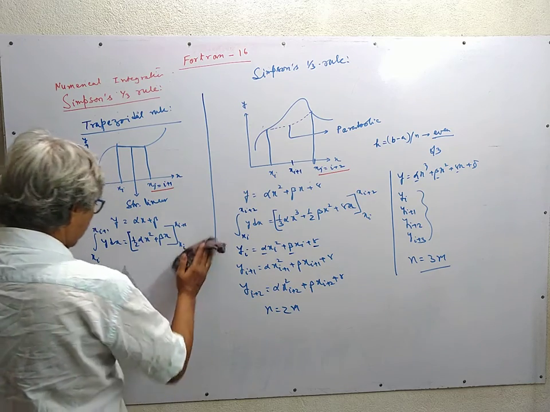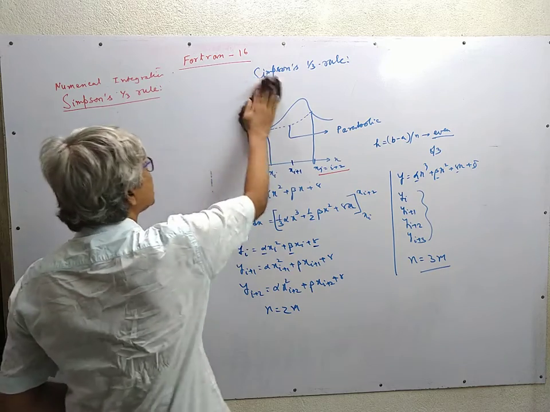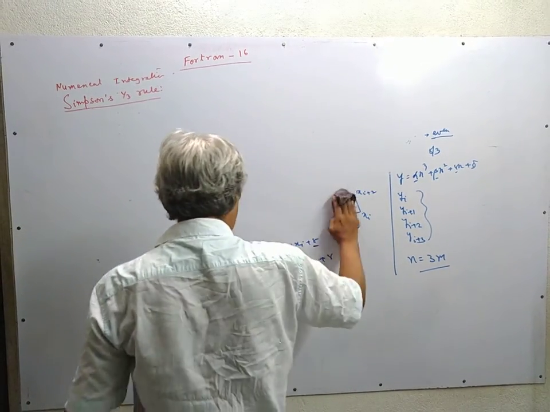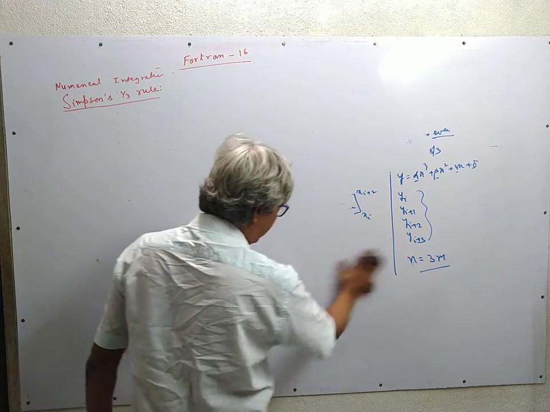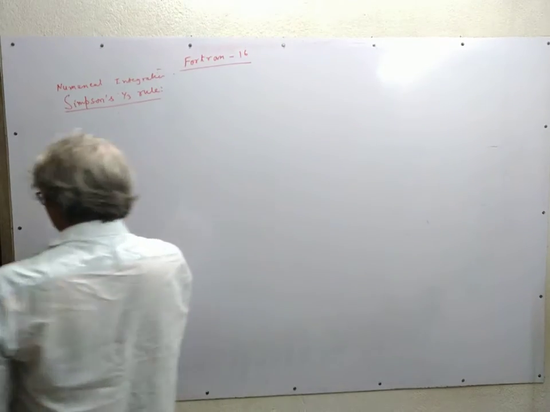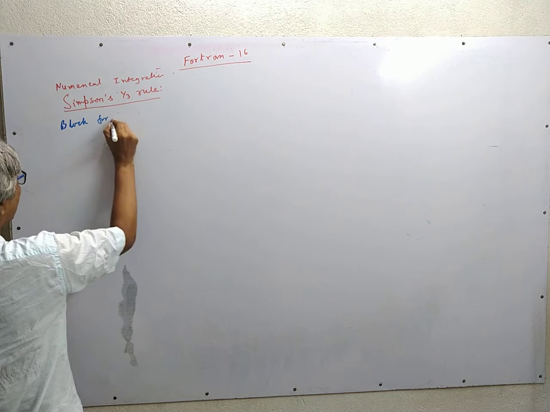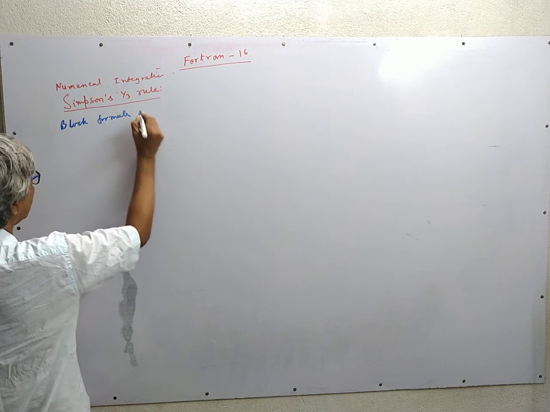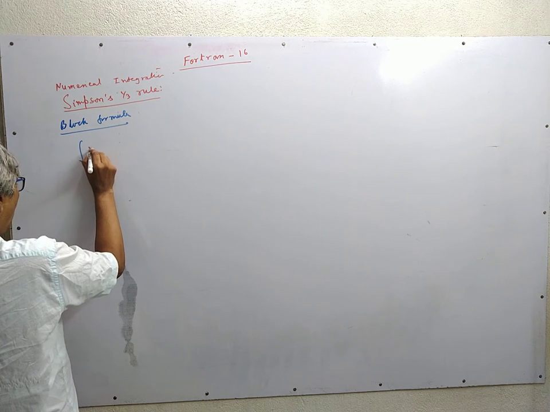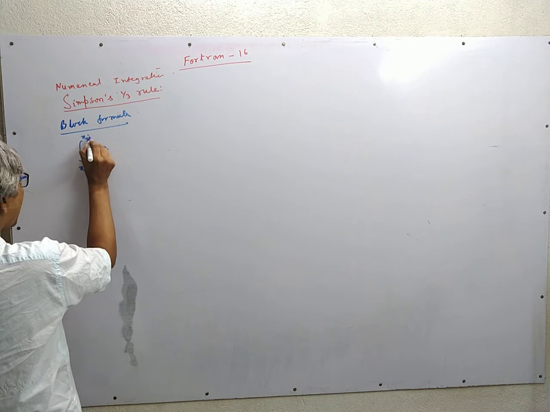Now I want to find out the block formula for Simpson 1/3 rule. First I shall find the block formula, and then we go for the composite formula, which is a trivial one. So for the block formula, we integrate y of x from xi to xi plus 2.